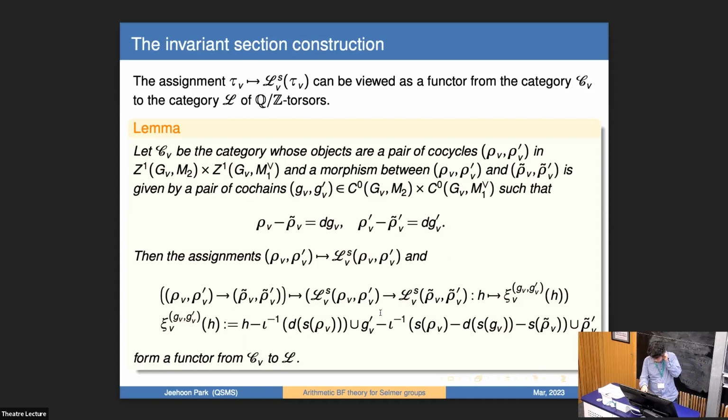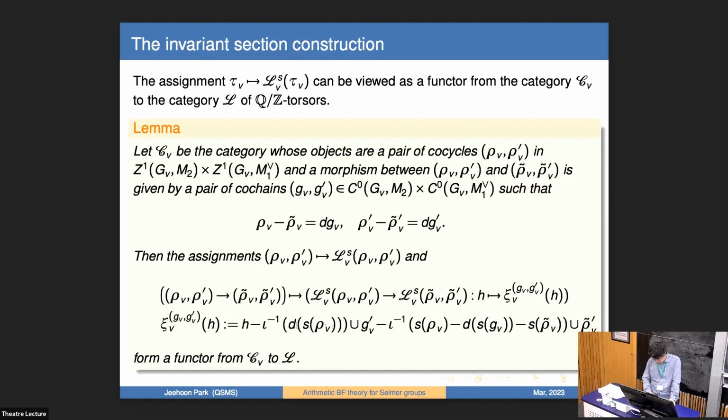So if I compute these things, say CV is the category whose objects are cocycles and whose morphisms are given by coboundaries, then the assignment I just gave, given tau V, LV as tau V, that Q mod Z torsor, satisfies this condition.